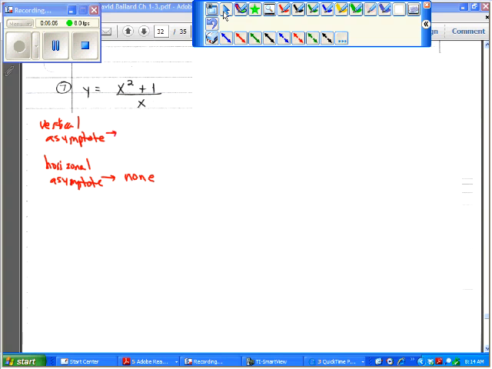That's where there's a division by zero error, or the square root of a negative. So an x equals 0 in the denominator creates a division by zero error. So there's a vertical asymptote at x equals 0. There's no horizontal asymptote because the degree of the numerator is larger than the degree of the denominator. What about a slant asymptote?